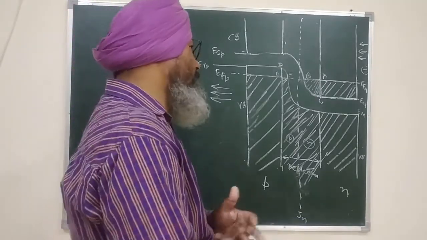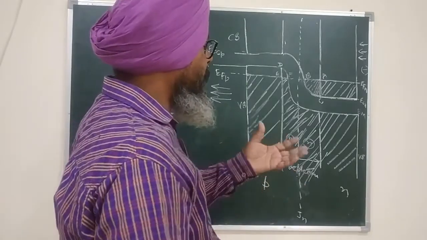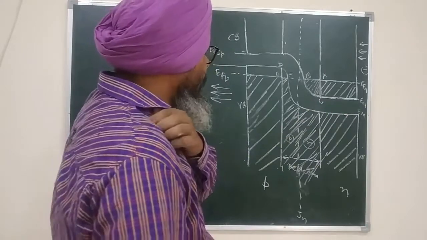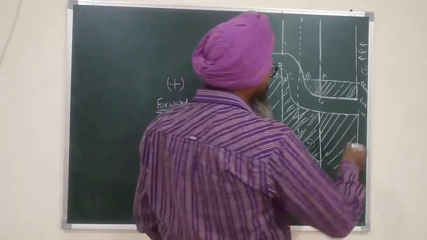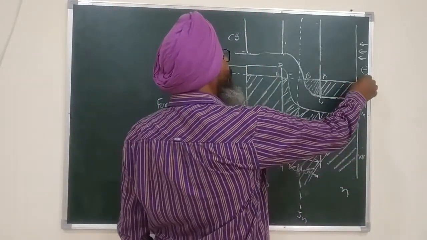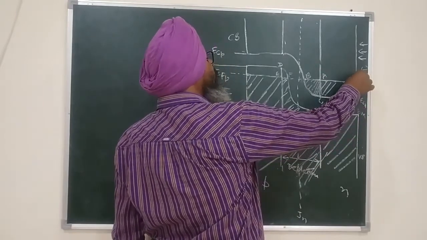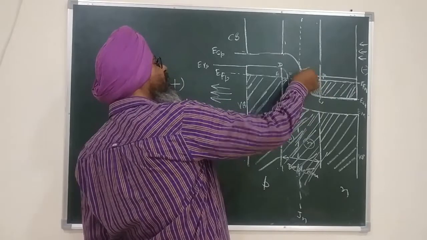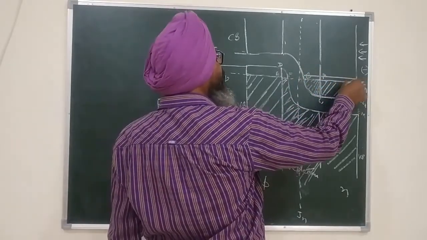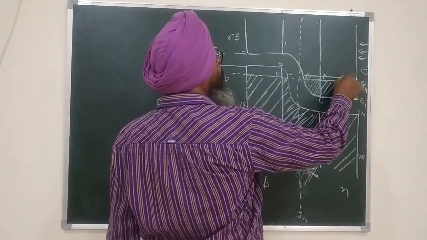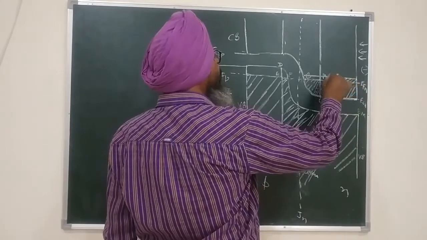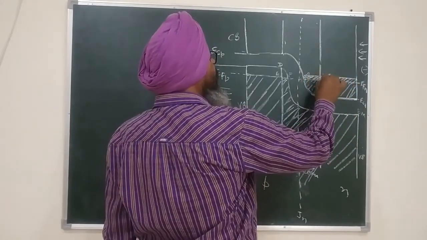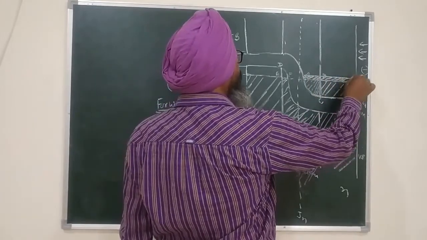So now what is going to happen? When I apply the forward bias battery, some supply of electrons will come, and these electrons will settle here. When these electrons settle here, this positive shaded region will increase in height because the filled states will increase due to the influx of electrons from the negative of the battery.